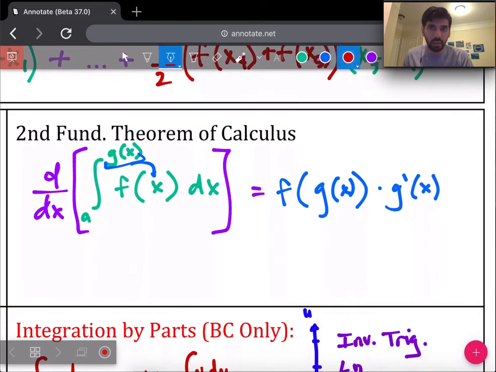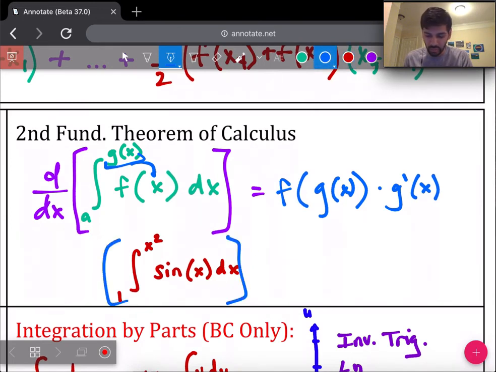And just real quick, while I'm in the middle of this video, I'll just show you an example so it's a little bit more clear. Let's say I had the integral from 1 to x squared, and let's say my function was sine of x dx. Okay, this is just an example. And I'm asked to derive this guy. The derivative is going to be, this guy is preserved.